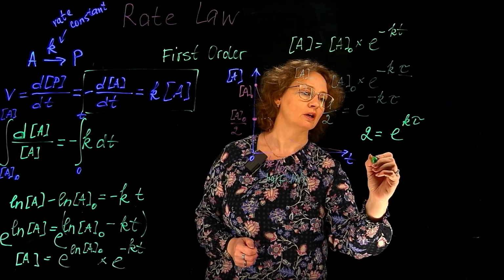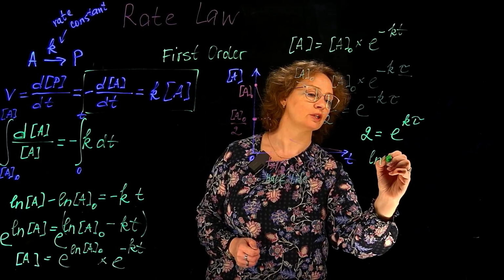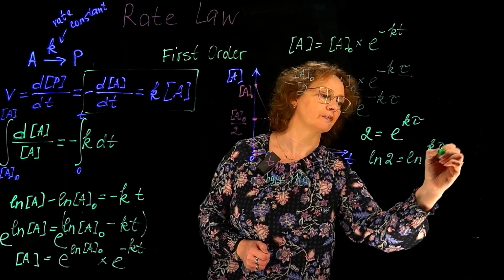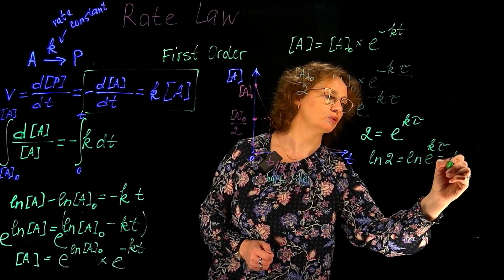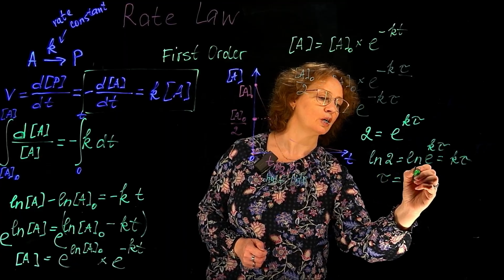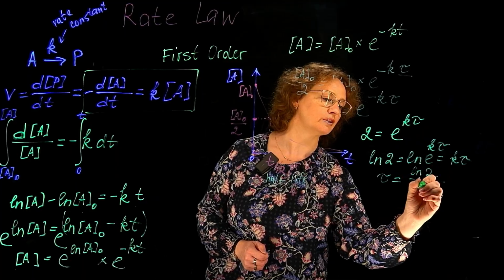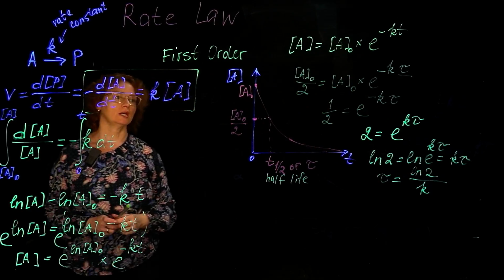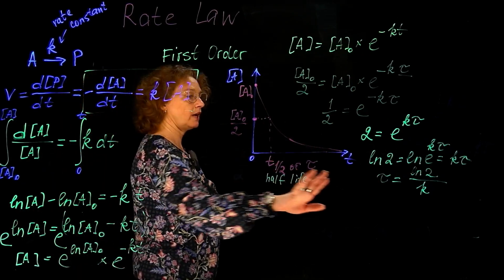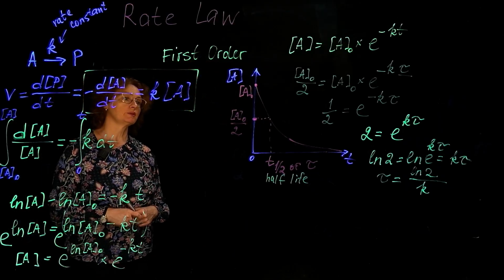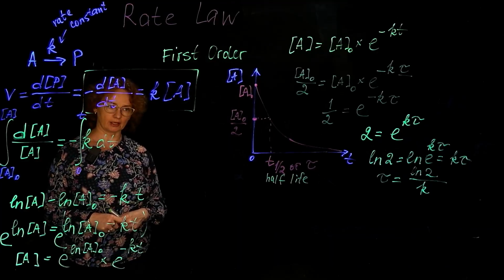And so to get tau, we need to take the logarithm of both parts of the equation. And that would be equal to just k tau. And so tau will be equal to logarithm 2 over k. So you see that half-life depends just on the rate constant. It doesn't depend on the concentration of the reactant.